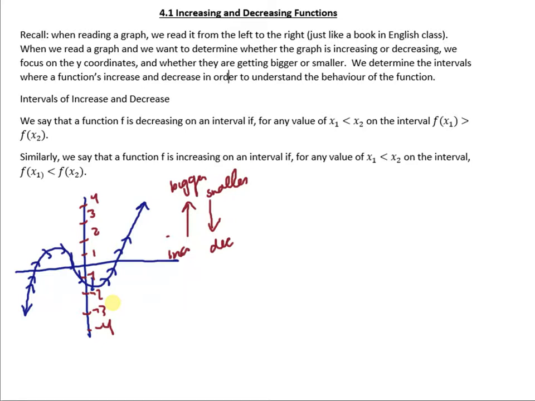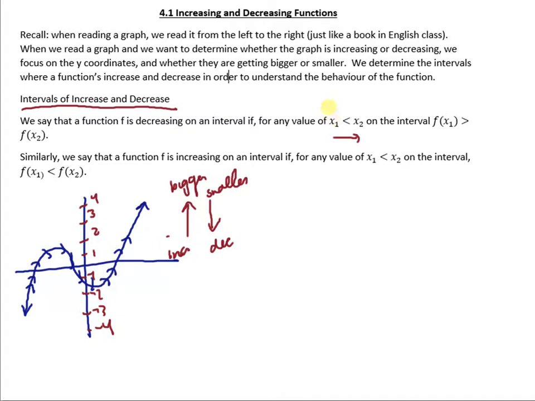We determine the intervals where functions increase and decrease in order to understand the behavior of a function. That's the whole purpose of this. So here it is in mathematical terms, intervals of increase and decrease. We say that a function f is decreasing on an interval if for any value, the second value, right?